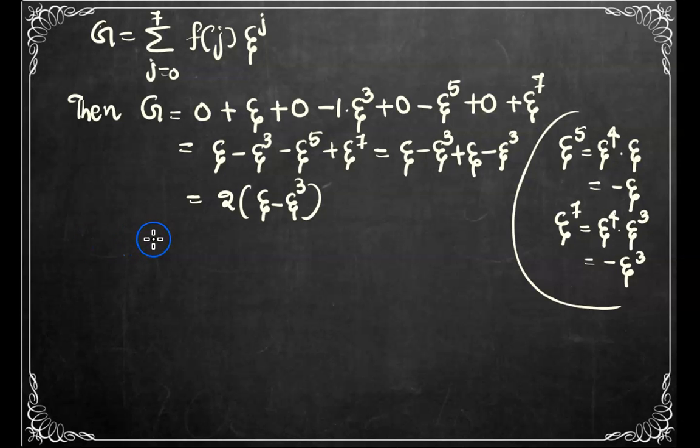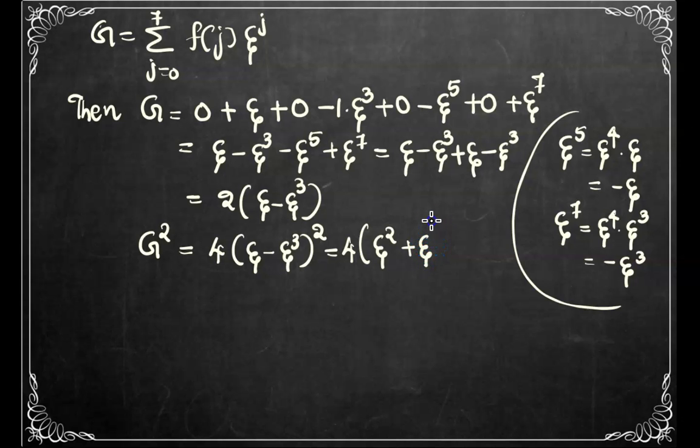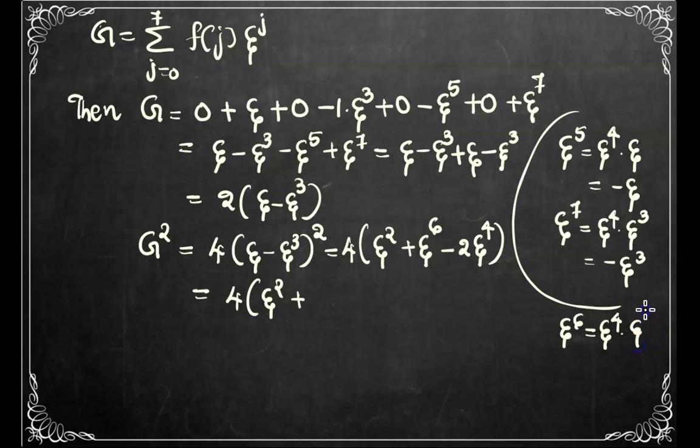Similarly, we can express G square as the square of this expression, which is 4 into zeta minus zeta cube whole square, and that can be expanded as zeta square plus zeta raised to 6 minus 2 into zeta raised to 4, and that will be equal to 4 into zeta square plus zeta raised to 6 can be expressed as zeta raised to 4 into zeta square, which will be minus zeta square.